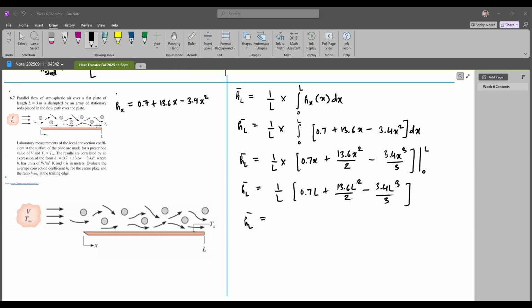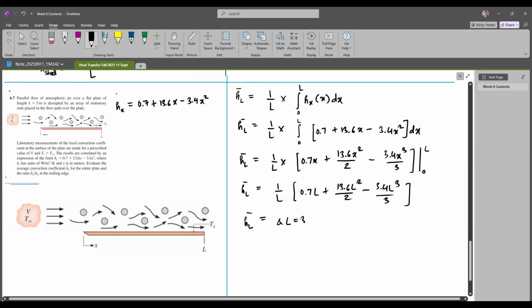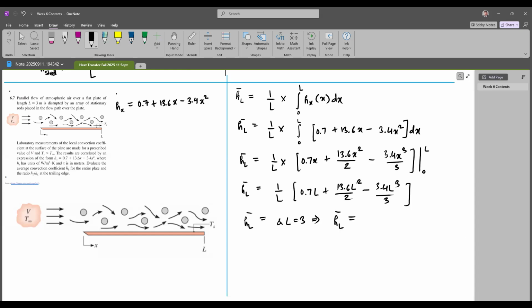If you put L equal to 3, we are going to get HL bar as 10.9 watt per meter square Kelvin. This is the value which I've got. Again, please cross check and let me know if it's incorrect. I made a mistake once in one of the previous recordings, so that's possible.